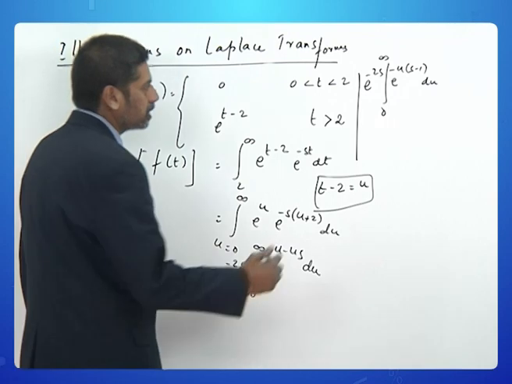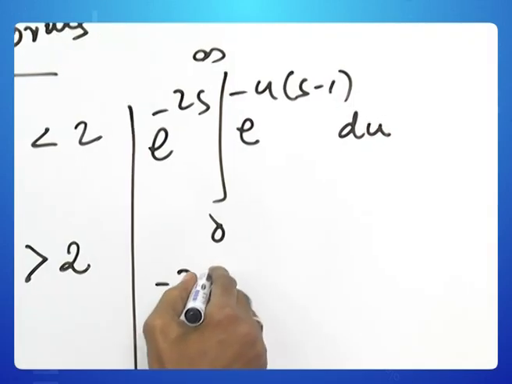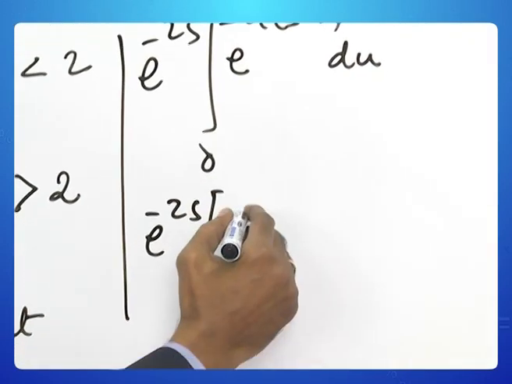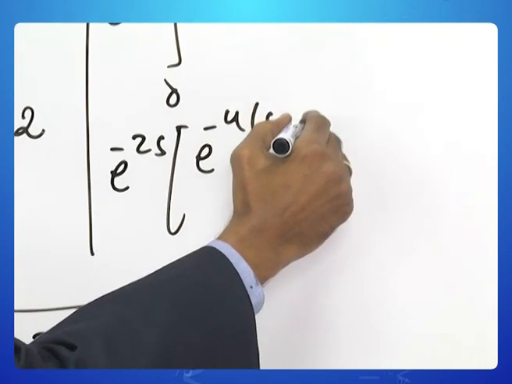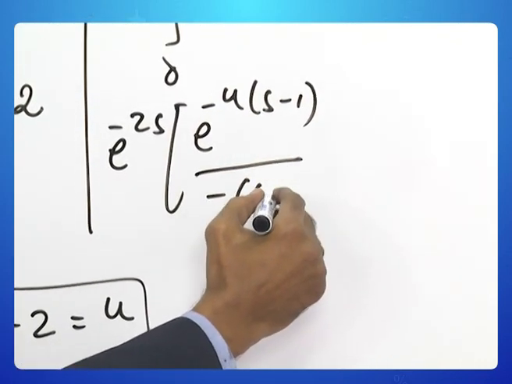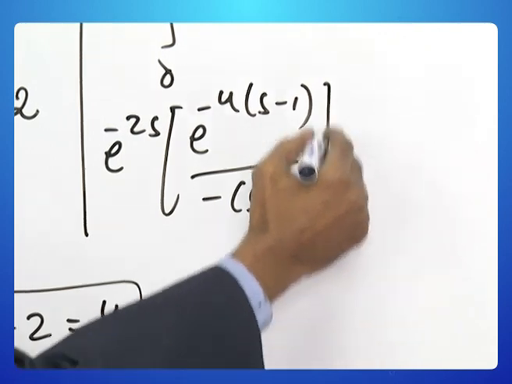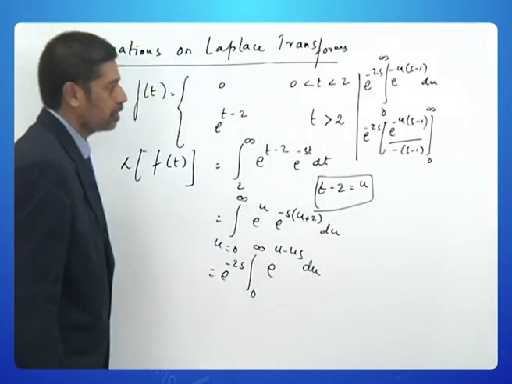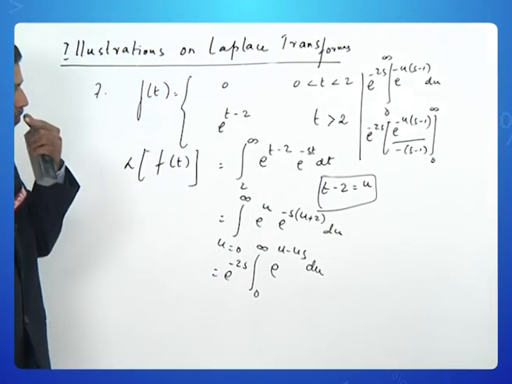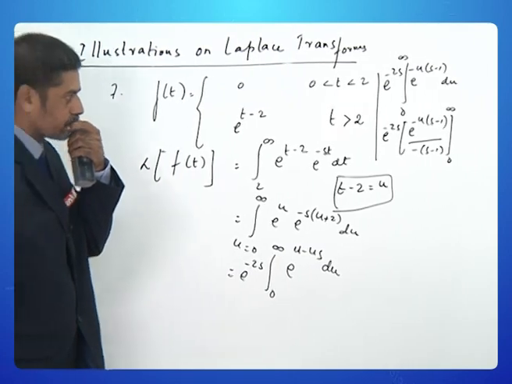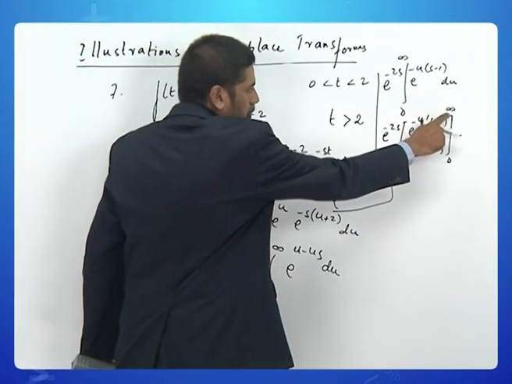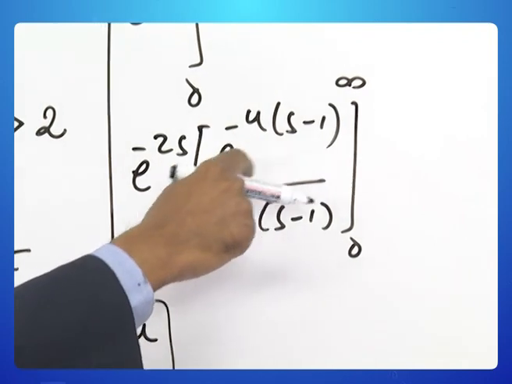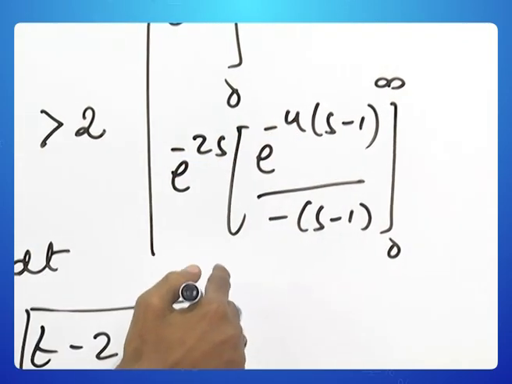So if you integrate that, e power minus 2s into e power minus u into (s minus 1) by minus of (s minus 1), 0 to infinity, right? So what will happen if you apply the limits? When u takes the value infinity, this becomes 0. So the upper limit produces nothing.